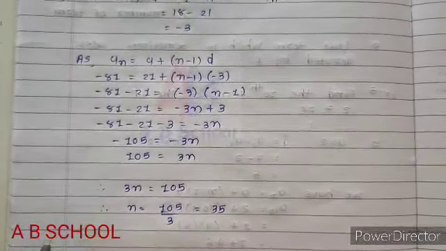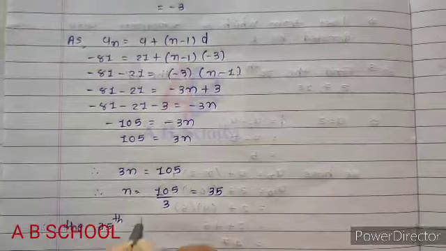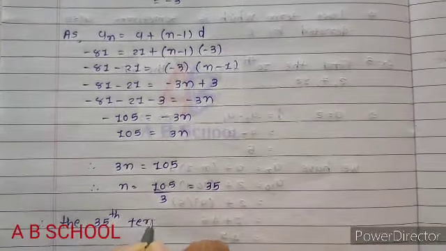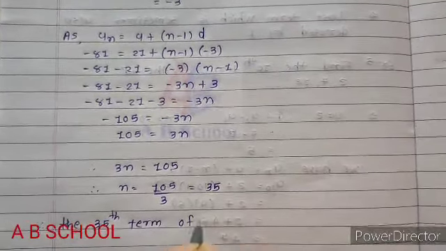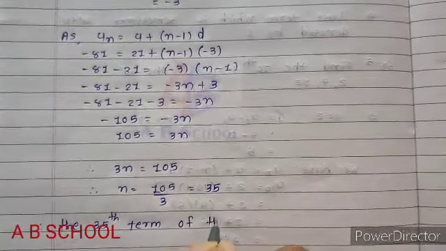Therefore the 35th term of the given AP is minus 81.